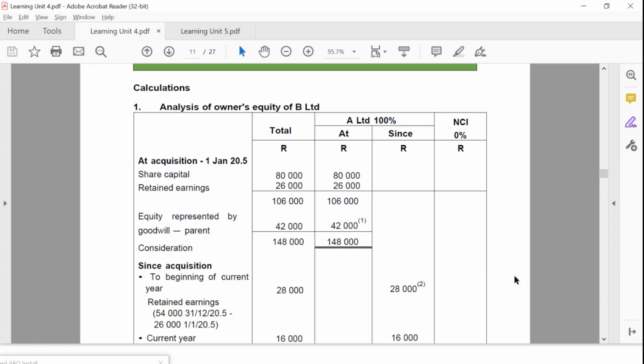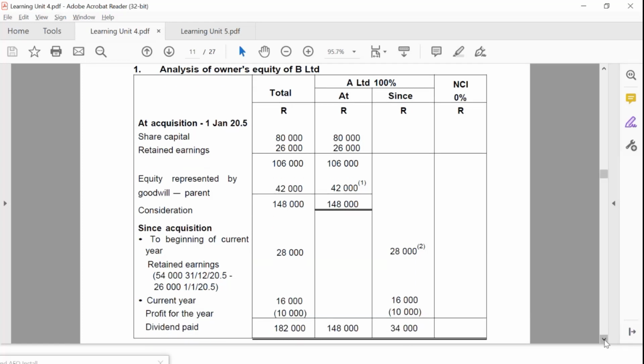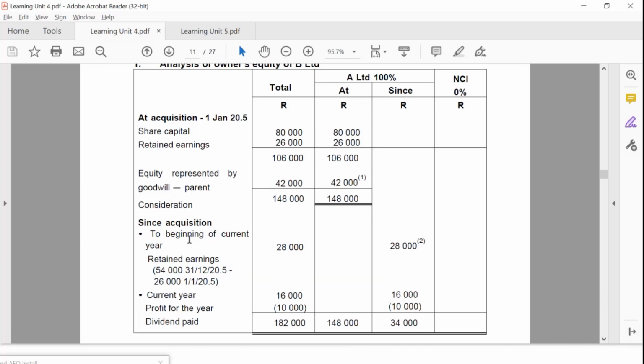Good. Then here you have, since I acquired it to the beginning of the financial year, telling me what my retained earnings are. So this part of the analysis, since acquisition to beginning of the current year, is what? My retained earnings. So how did I get the retained? Remember, the 26,000 that was there when A came to acquire B. That 26,000, me as a parent company, I did not take part in it.